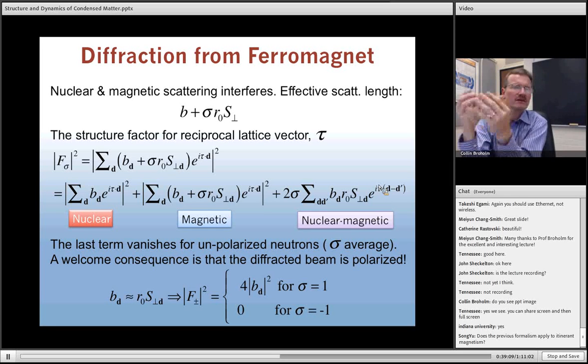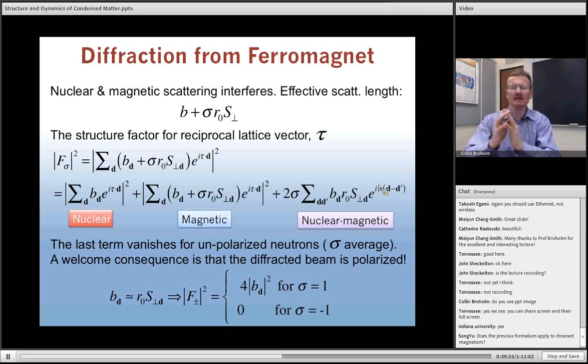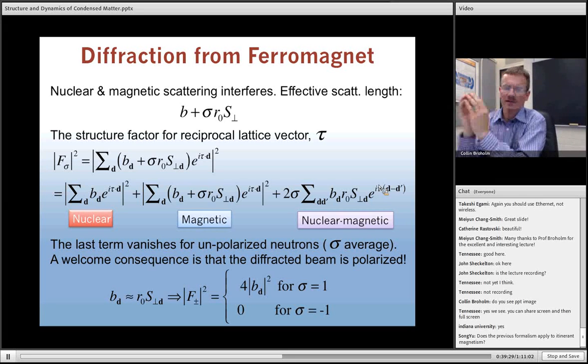And so even though you might be talking about maybe a heavy fermion system which has magnetic order, you'll eventually find that the form factor is pretty similar to that which you would associate just with the atomic spin density distribution.